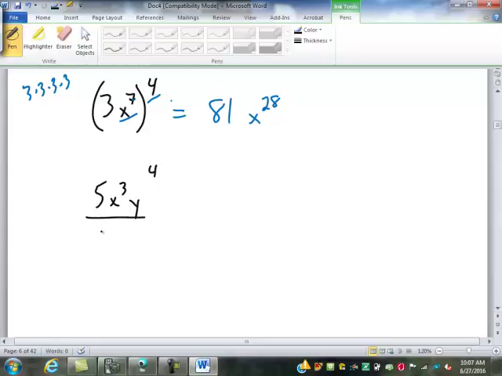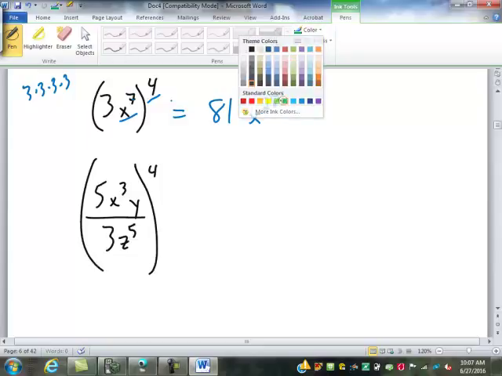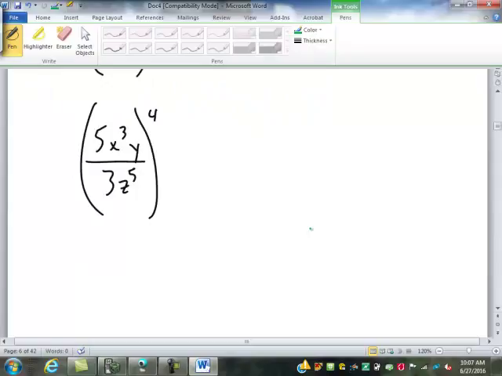So let's take 5x to the third y over 3z to the fifth, all to the power of 4. Remember, when we're taking the power of a fraction, we split it up. So the power goes on the numerator. So 5x to the third y gets taken to the power of 4.